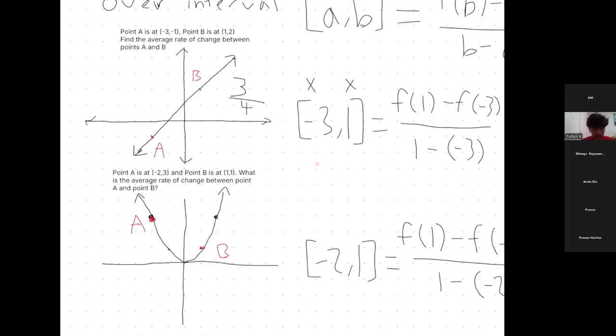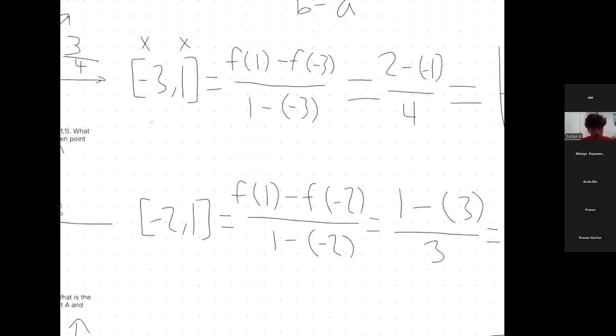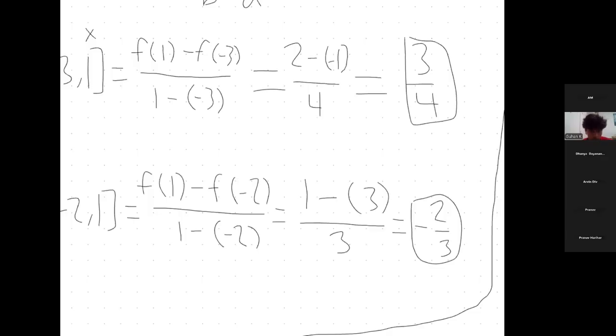So 1 minus 3 divided by 3, because 1 minus negative 2 is 3. And then we just do the subtraction and it's negative 2 divided by 3. So negative 2 over 3 is our answer.